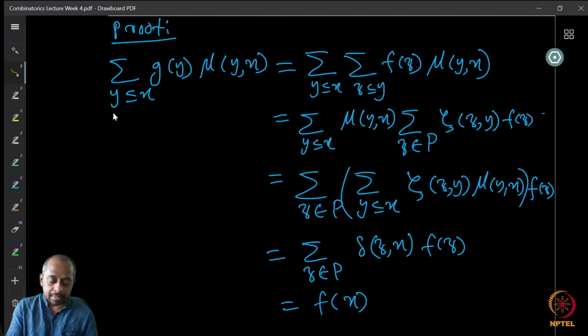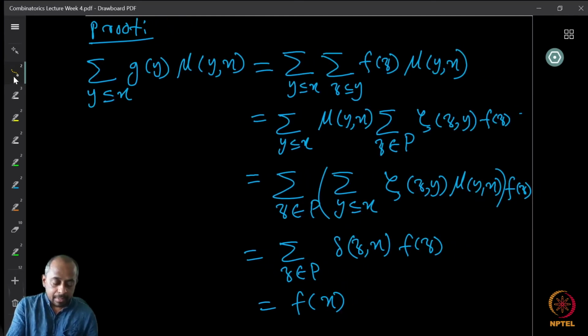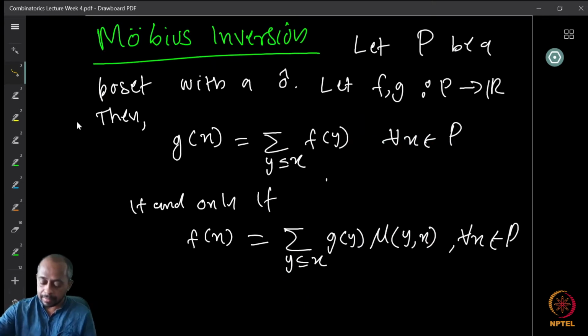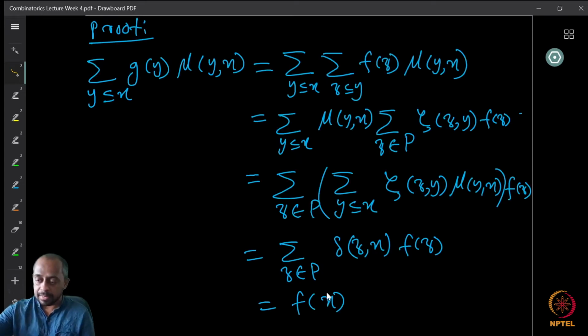So just look at this. The summation over y less than or equal to x of g of y into mu of y comma x. So that is what is given here, right? We want to show that this is actually f of x. So g is given this way, and we are going to show that this is precisely f of x.